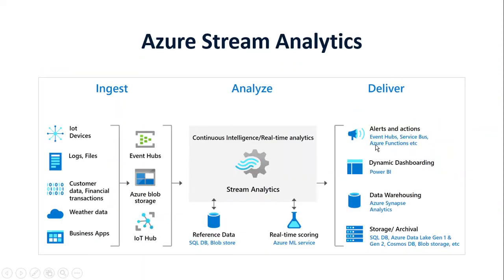So we can deliver the data to Event Hub, Service Bus, Azure Function, Power BI, Azure Synapse Analytics, blob storage, and other storage services available in Azure. And we'll see in the demo how we create an input, an output, and a query.